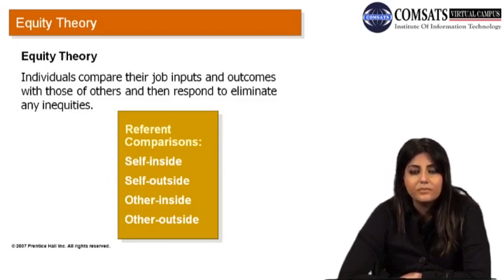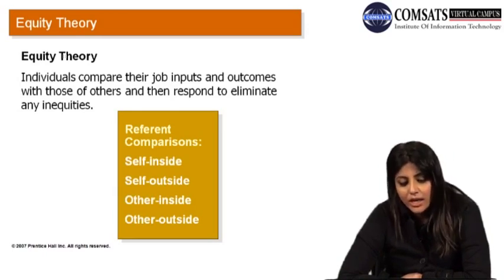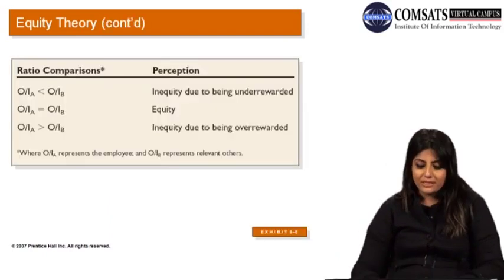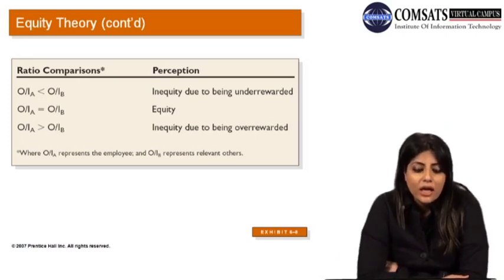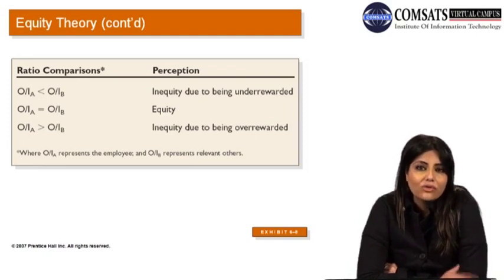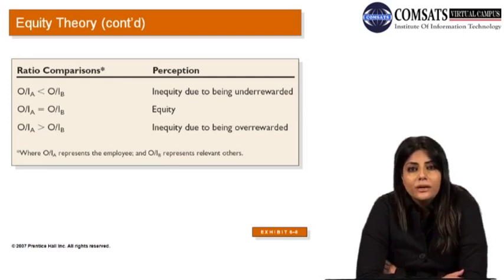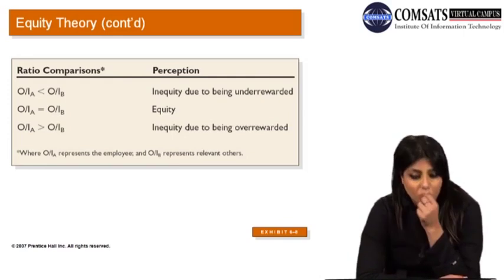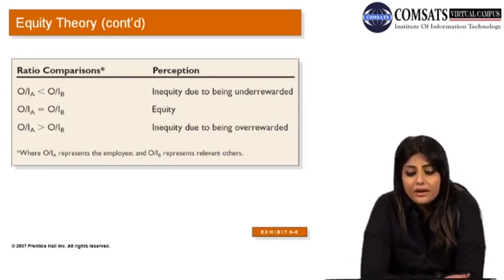They can be your comparison inside the organization, your comparison outside the organization, and it can be the others' comparison inside, and other comparison outside. So what we see here in equity theory is that when you're trying to make a comparison, you are comparing your output-input ratio with that of the referent other, and if your output-input ratio is lower than that of the referent other, then you will perceive inequity due to being under-rewarded.